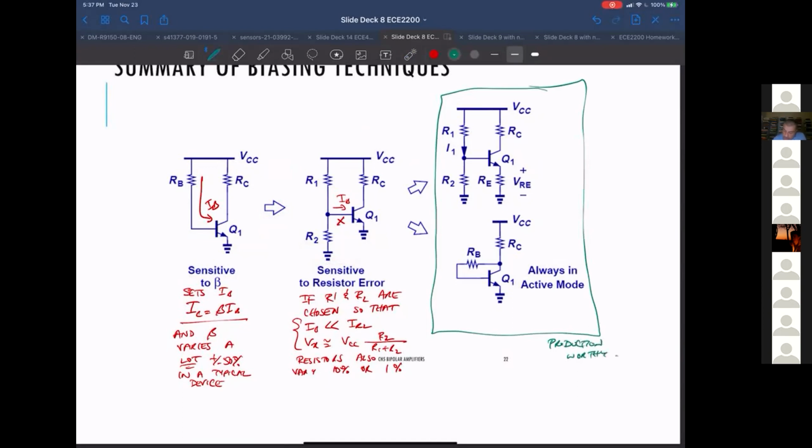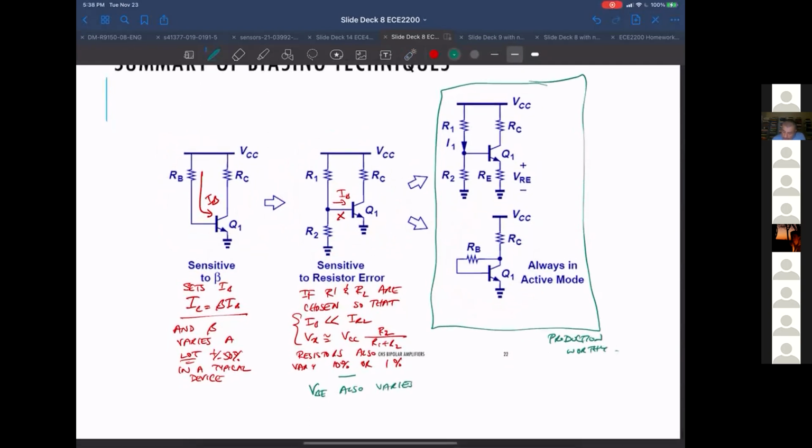So another problem that this has, and it still shares it with this one, is that VBE also varies quite a bit because of the following. VBE is VT natural log of IC over I sub S. Well, V sub T changes with temperature. We know that.